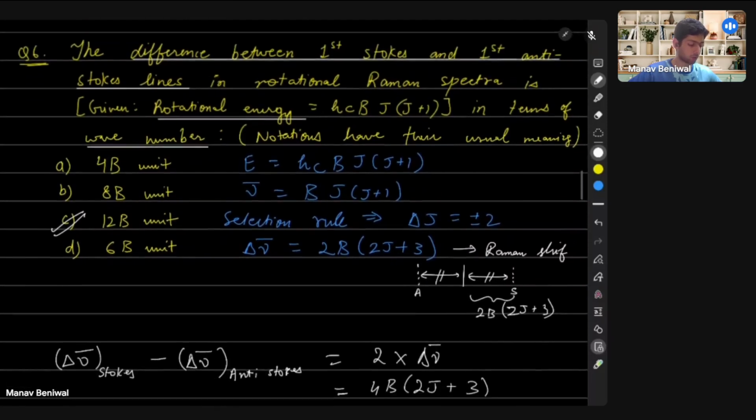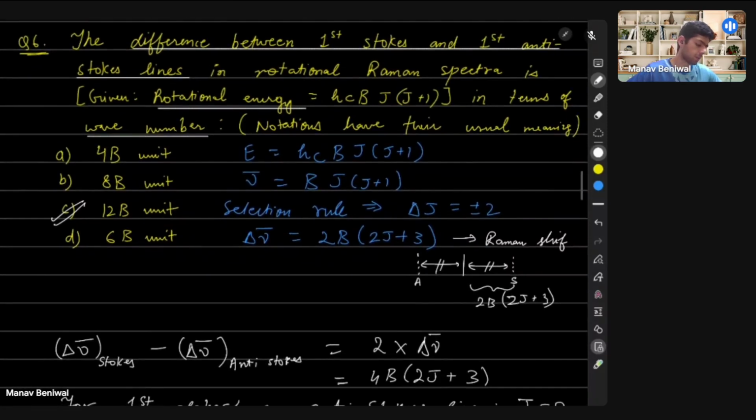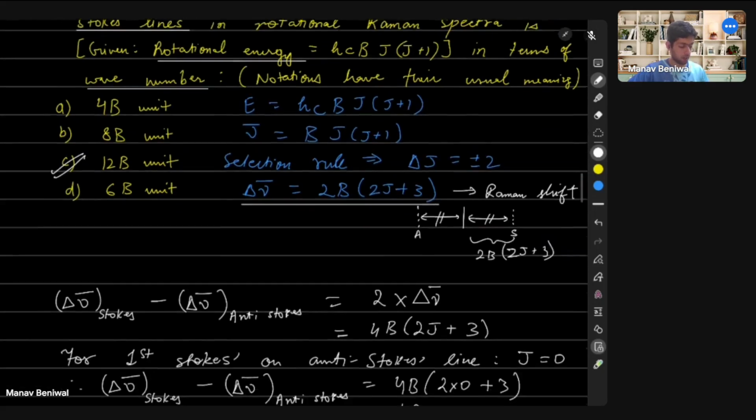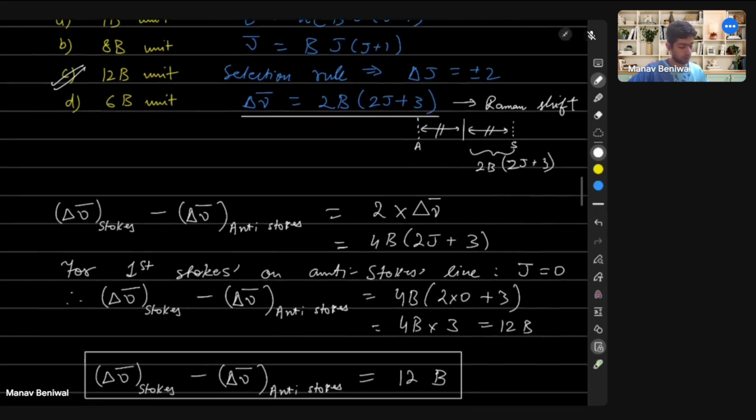So this was the 6th question, and it was very similar to the 4th question. The only thing that we used extra is the concept of this Raman shift. Once we have calculated this difference in wave number for one, the difference between the Stokes and anti-Stokes is twice of that, so it then becomes 2 times delta nu bar, and this is 4b(2J plus 3).